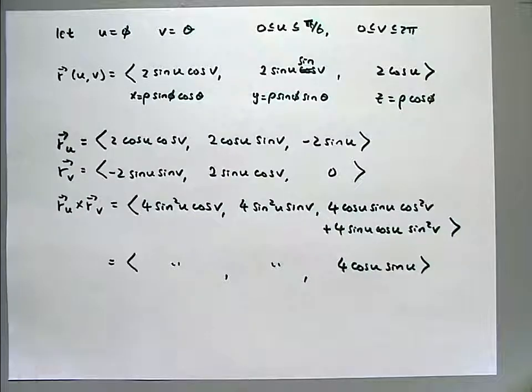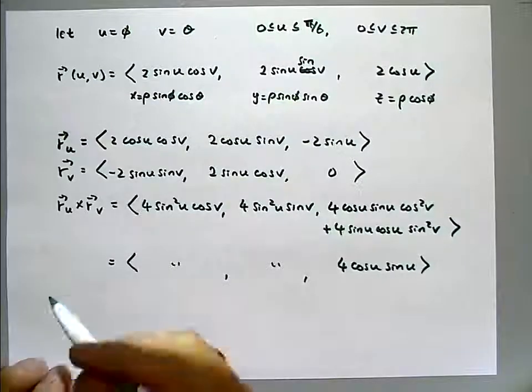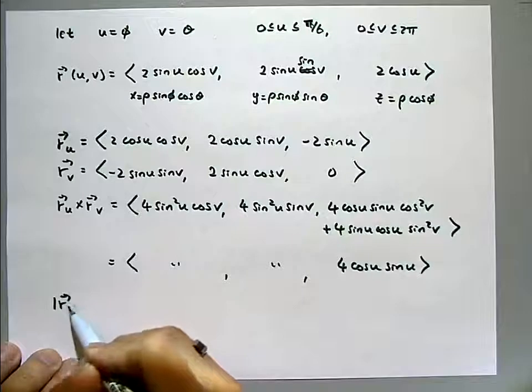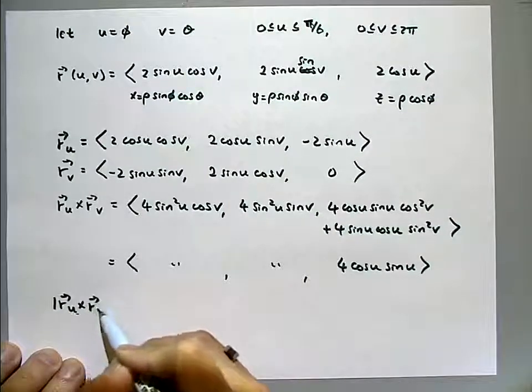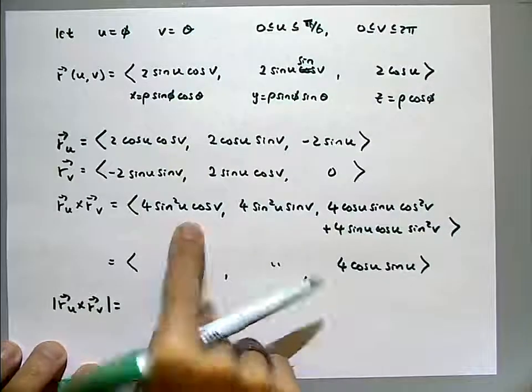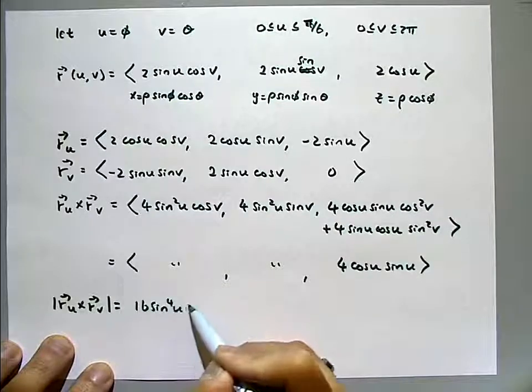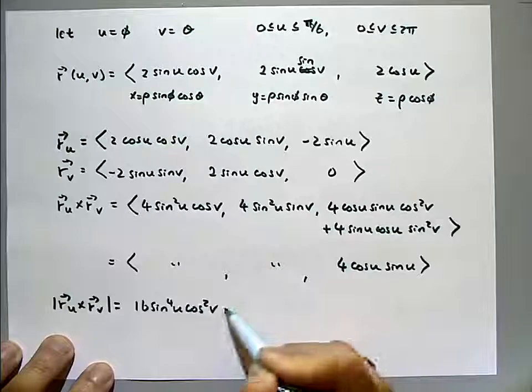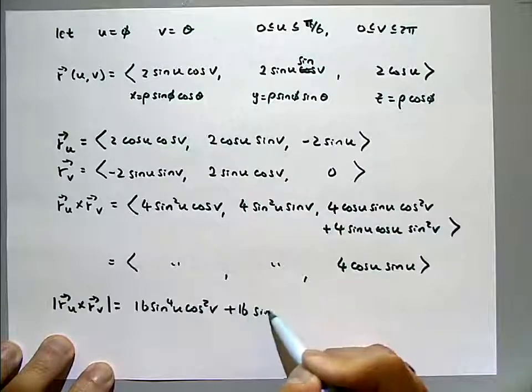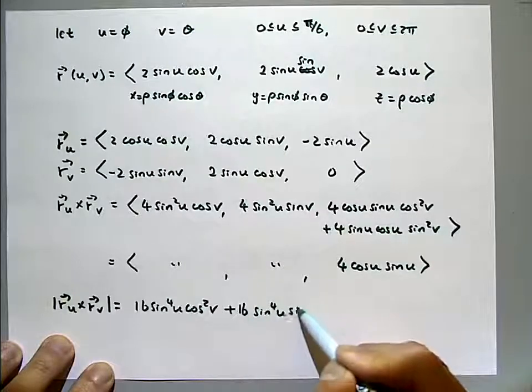Okay, now we're going to take the magnitude of this thing. Again, it looks a lot worse than it really is because of the nice Pythagorean identity we can eventually use. Trust me. This thing squared: 16 sine 4th u cosine square v plus 16 sine 4th u sine square v.